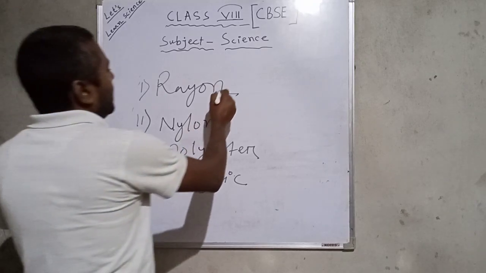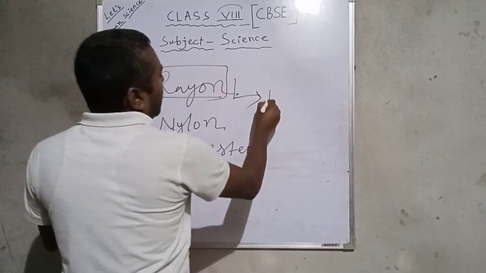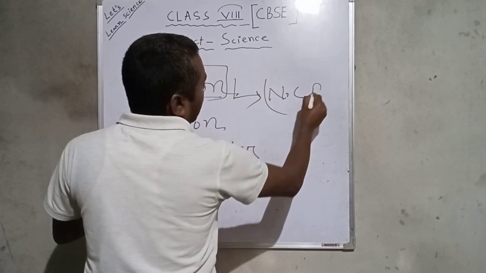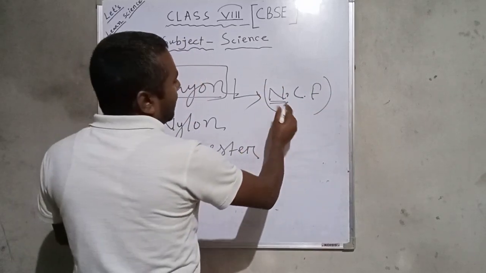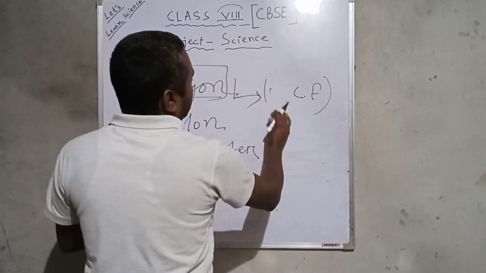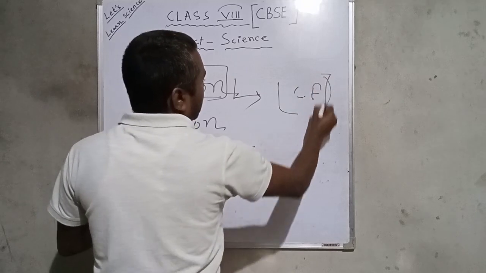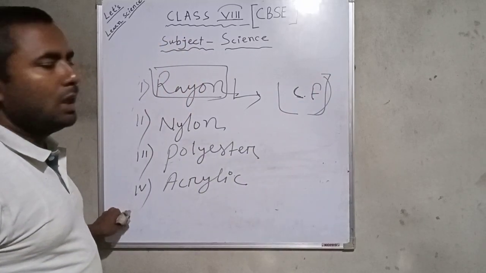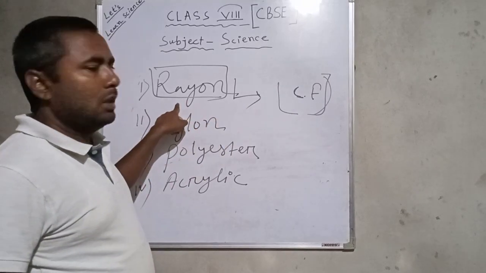Among these, rayon is cellulosic fiber. The other three are non-cellulosic fiber. I have written NCF here, N means non. Sorry, I am extremely sorry. This one is cellulosic fiber. So we will read in detail about one cellulosic fiber, that is rayon.